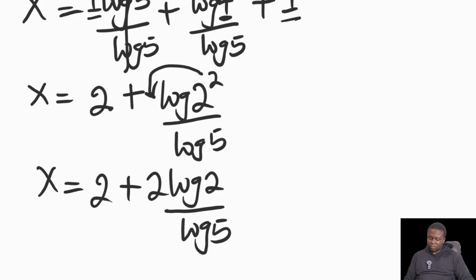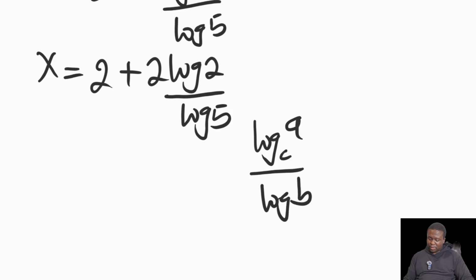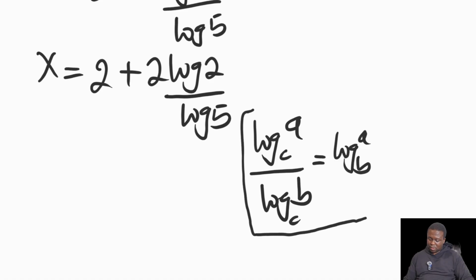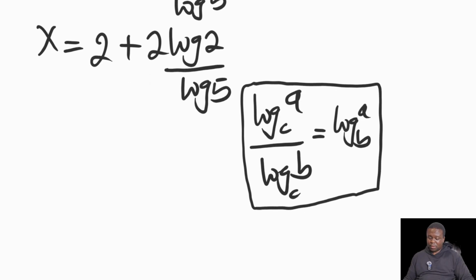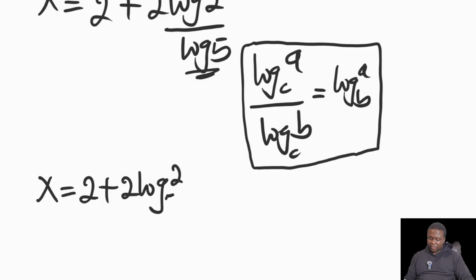Now we know that log a base c, log b base c is the same thing as log a b. So now let's rewrite this. We have that x is equal to 2 plus 2 log 2 base 5.